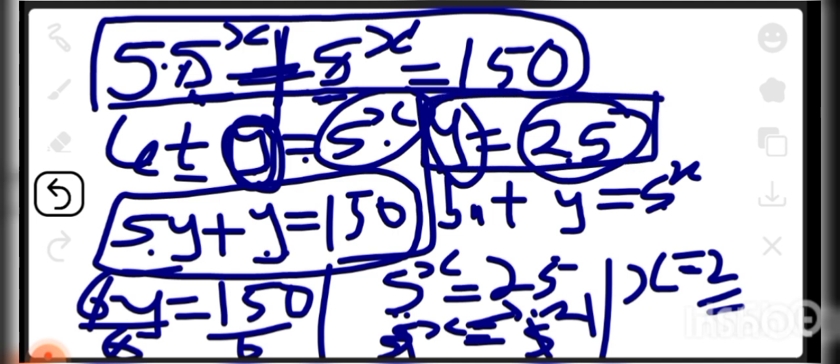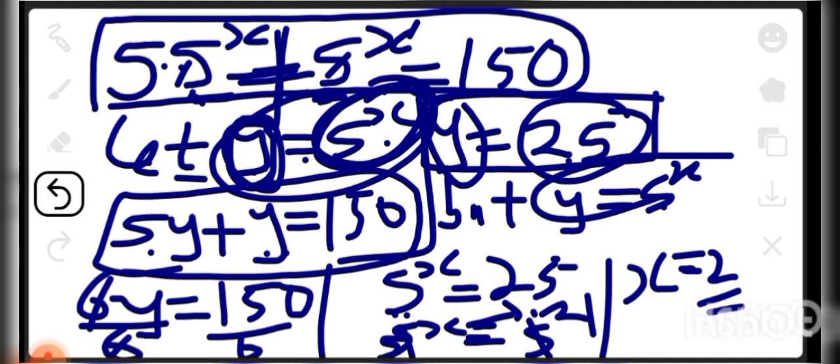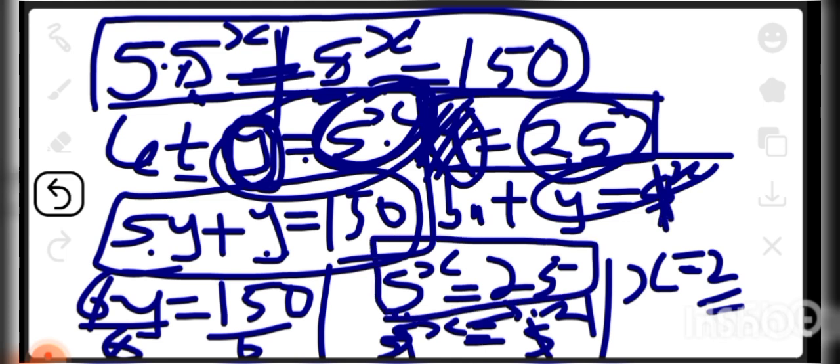Then go back to this place, replace this unknown y with this indices 5 raised to x. Then it takes you back to where we started from when doing this initial equation. So you just solve the other things, because it will now be very simple to get the value of x.